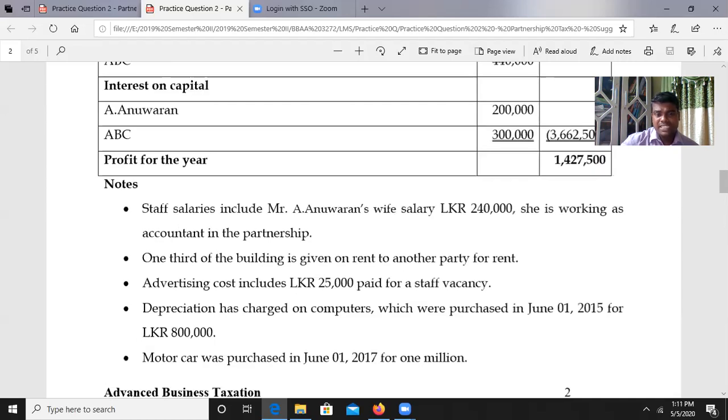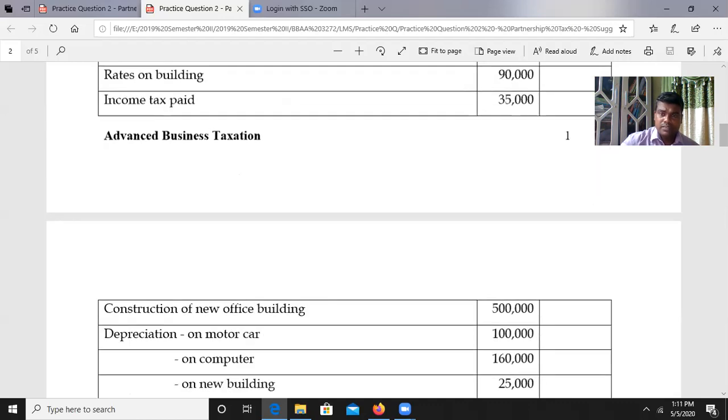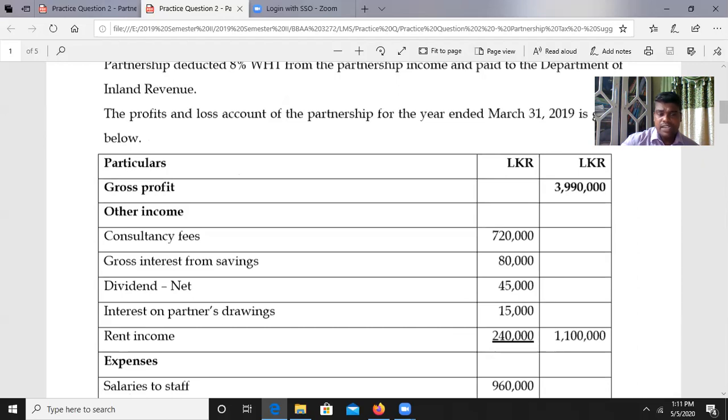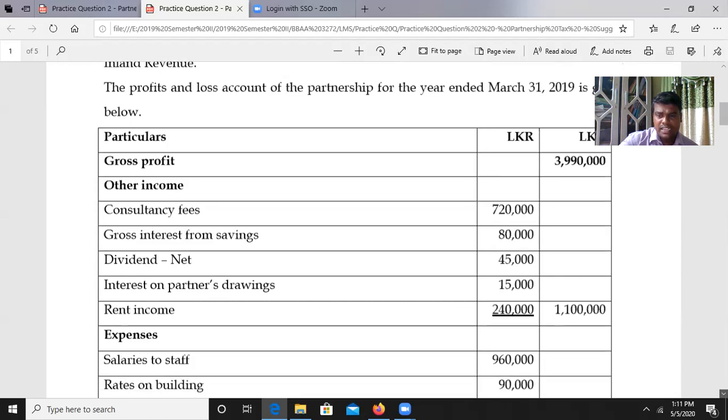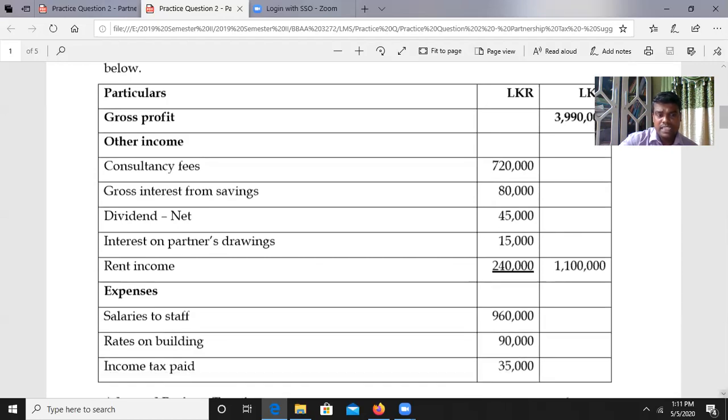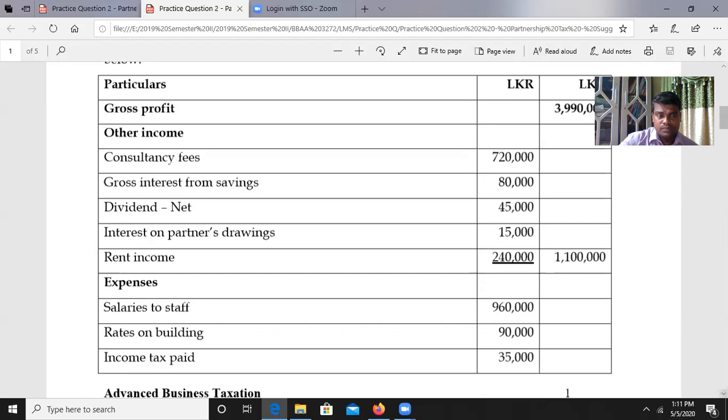1/3 of the building is given on rent to another party. The partnership has given 1/3 of a building to another party for rent. So you need to consider any related expenses with the building.